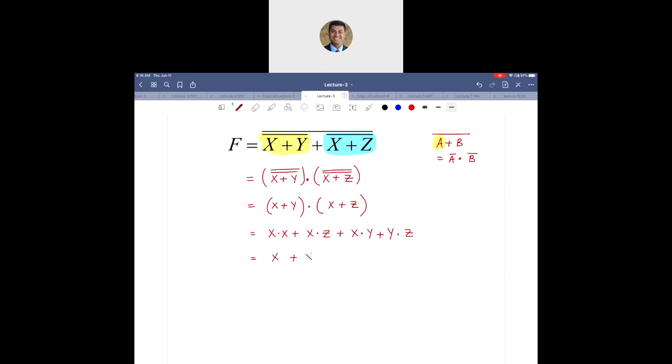You have x and z here, x and y here, and y and z here. The next step is to recognize that the first three terms have an x in common. So you can pull that out and you get 1 or z or y, or y and z.